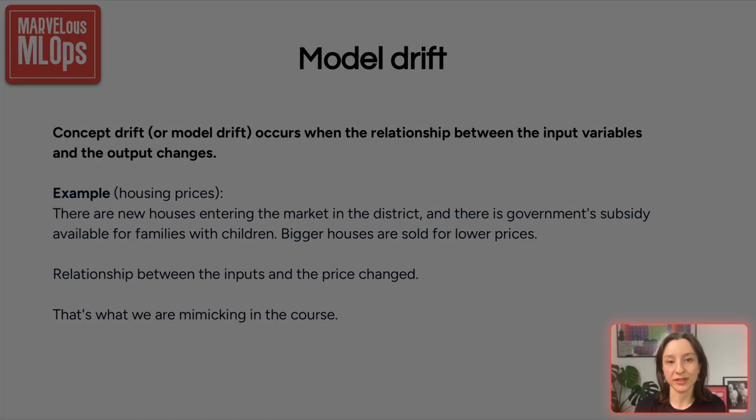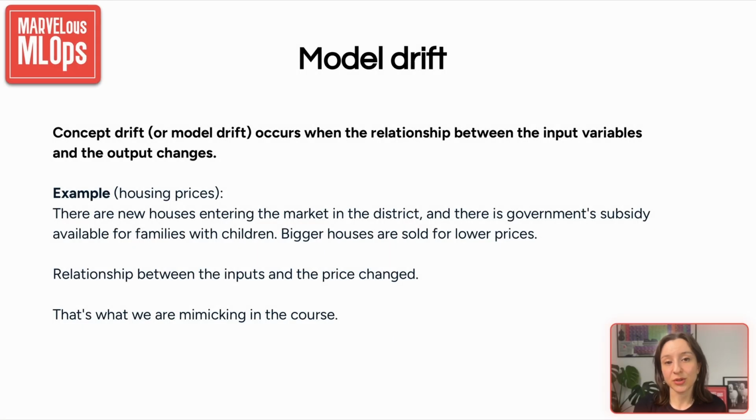Let's move on to model drift, which is also known as concept drift. It occurs when the relationship between input features and the target variable changes over time. In other words, the model's original assumptions about how inputs relate to the outputs no longer hold. Let's go back to our housing prices example.